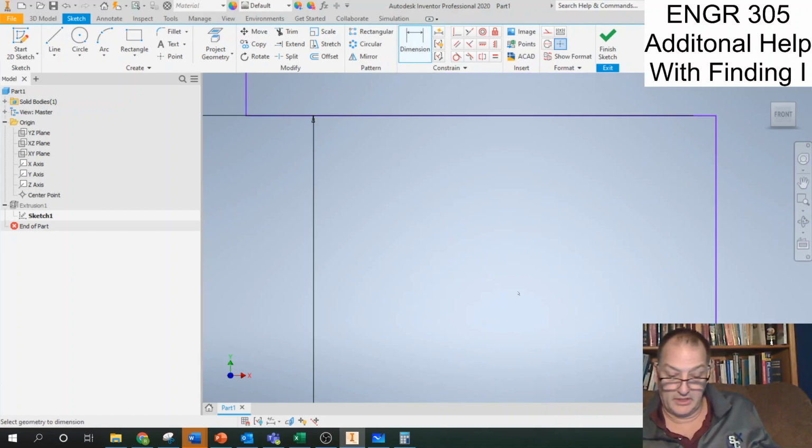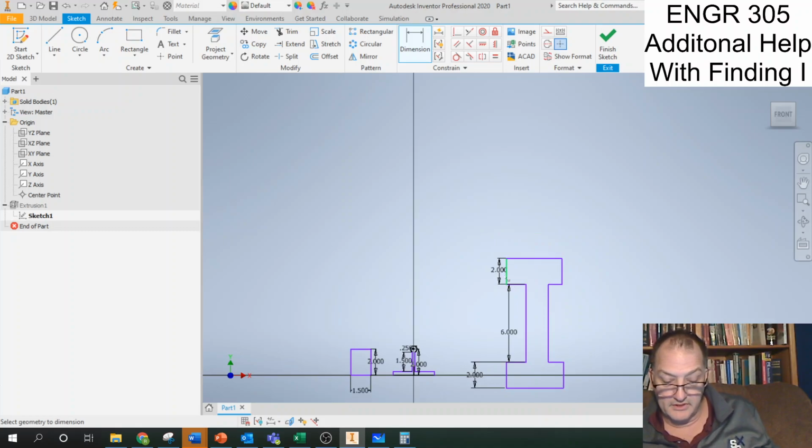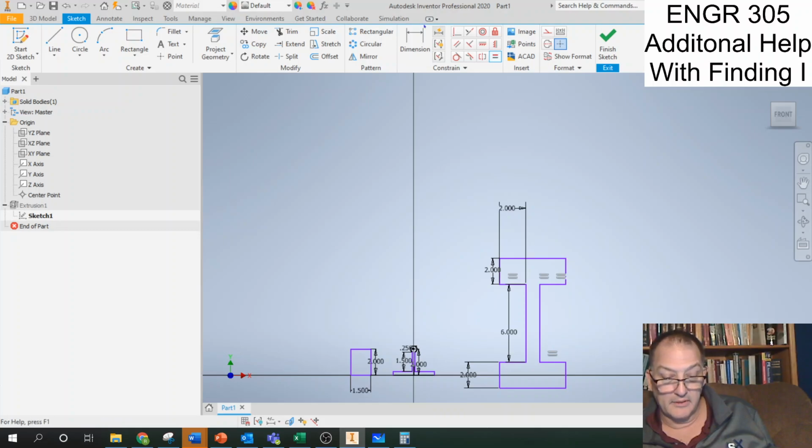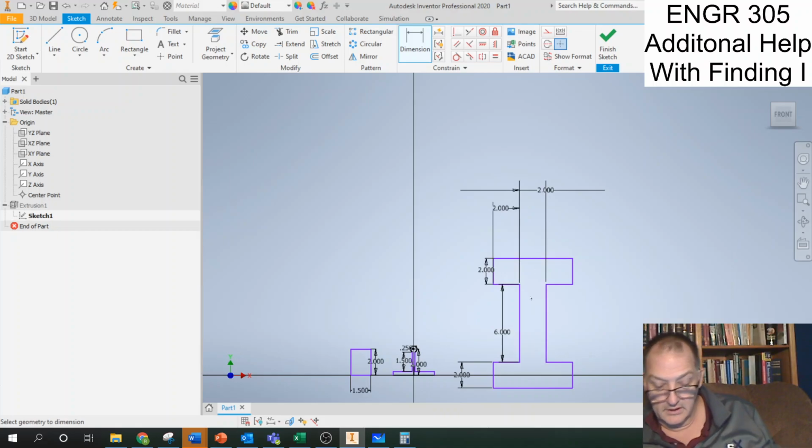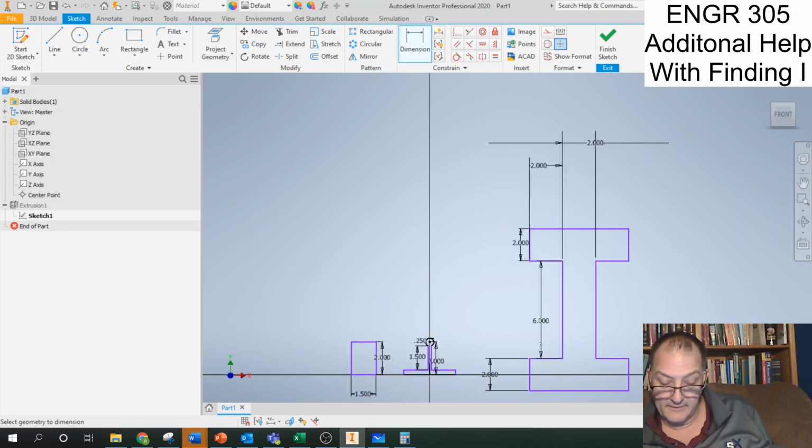And if I put constraints on it, which is what I would teach to freshmen, I'm going to put equals that and that, and I want to put equals that and that, and I got to put a dimension on here of 2, and I got to put a dimension on here of 6. Oh yeah, I guess I already had that.